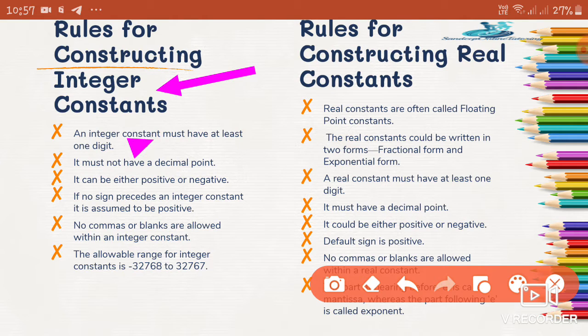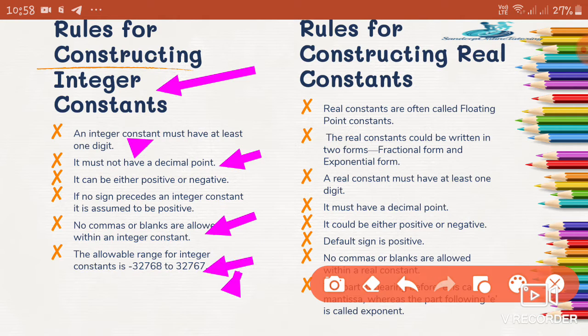It must not have any decimal point, otherwise it will be converted into a floating point number. An integer can be positive or negative. No comma or blanks are allowed in an integer constant.